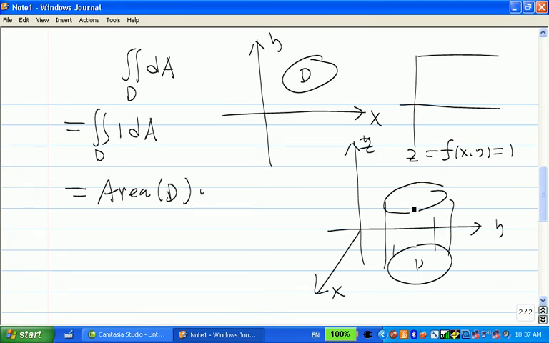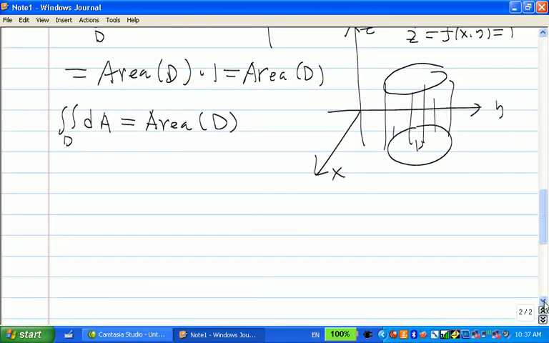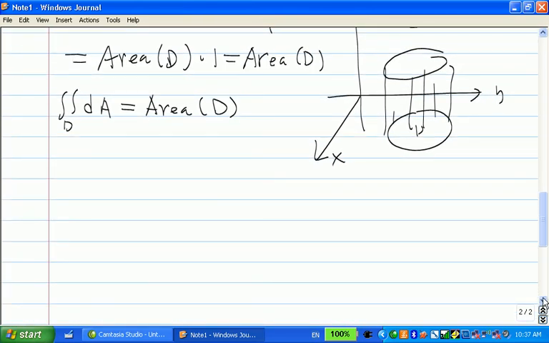Because the height everywhere is the same, so just times 1, which gives you the area of D. Okay, what that means? That means if you don't see anything there in this double integral, that means 1 is there. Your surface is z equal to 1. It gives you the area of your domain. Okay, now let's use this formula to find the area of the circle.